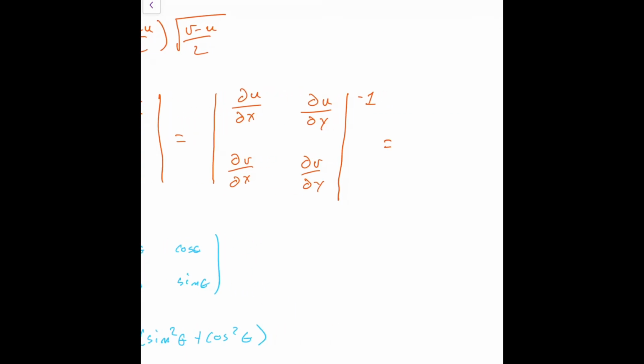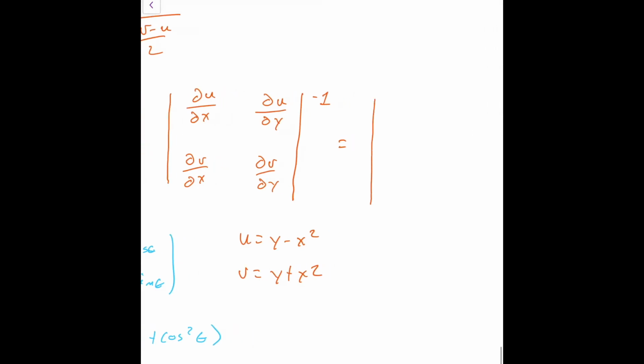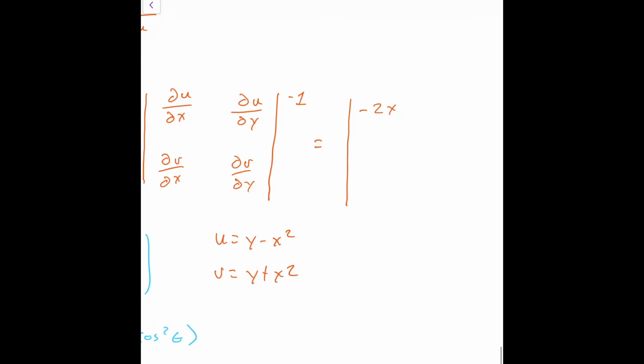Okay, so let me remind you that u is equal to y minus x squared and v is equal to y plus x squared. And the partial derivative of u with respect to x is minus 2x. The partial derivative of u with respect to y is 1. The partial derivative of v with respect to x is 2x.